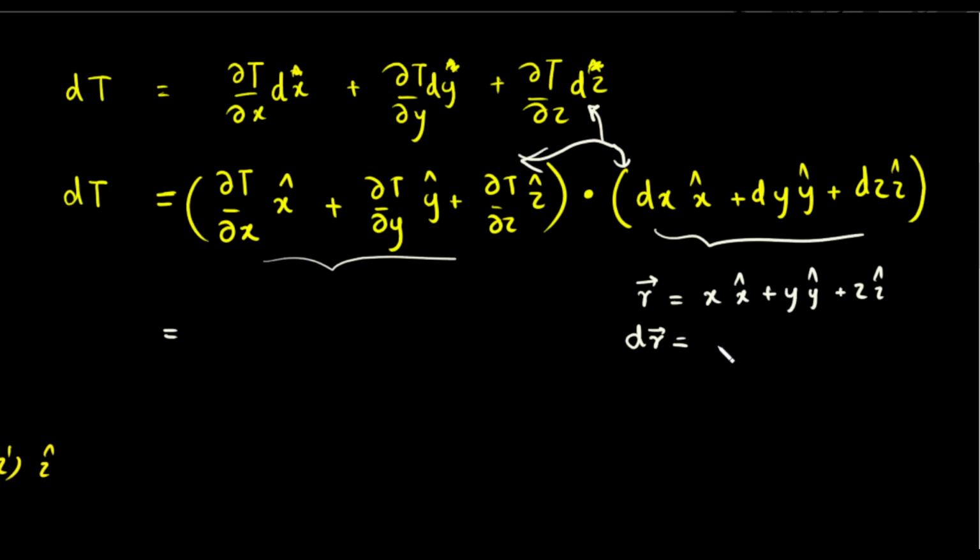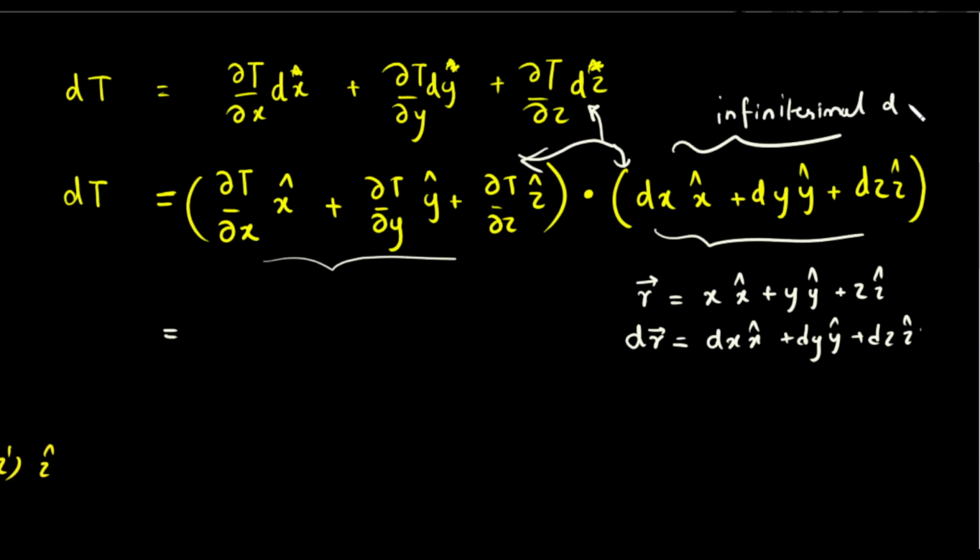So you can write dx x hat, dy y hat and dz z hat. So actually this represents the infinitesimal displacement vector, or sometimes it can be considered as a position vector as well, an infinitesimal position vector.